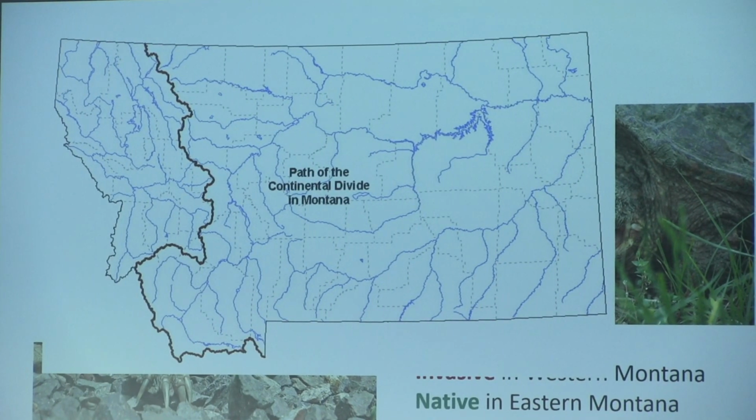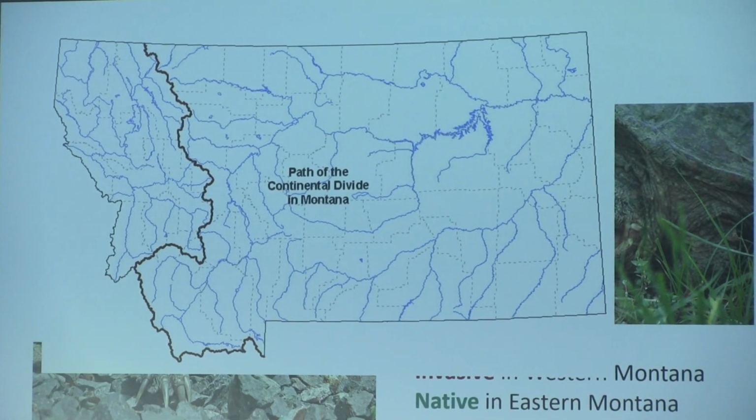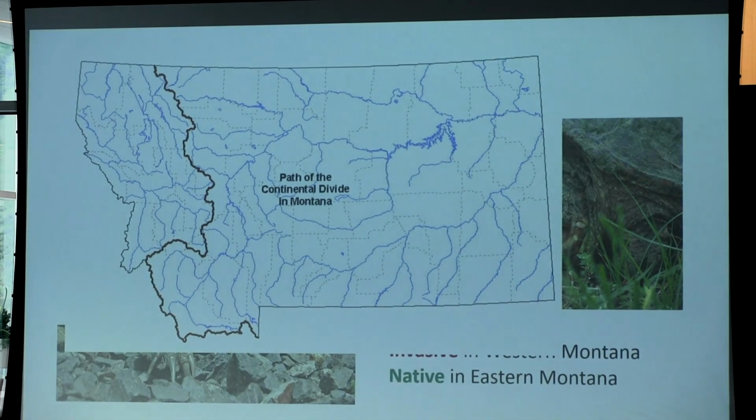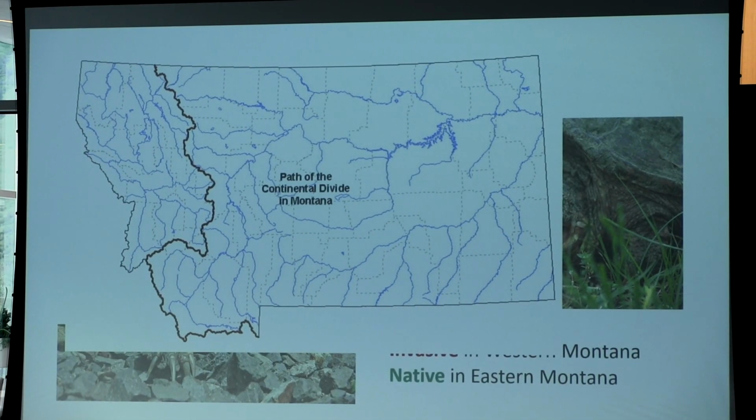And so a lot of species that are native to western Montana aren't native to eastern Montana and vice versa. So when we have that human traffic that brings different species over that divide that otherwise wouldn't be able to transport themselves, crayfish are not going to be cresting any continental divides anytime soon unless we take them places, which we do.